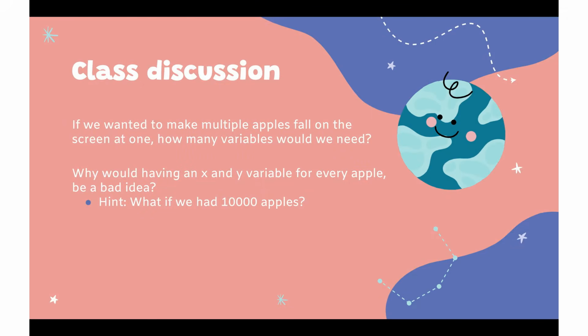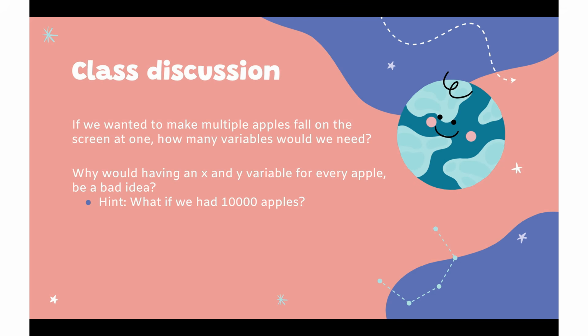Okay, we're going to do a discussion. You can just think about this on your own. If we wanted to make multiple apples fall on the screen at once, how many variables would we need? Why would having an x and y variable for every apple be a bad idea?